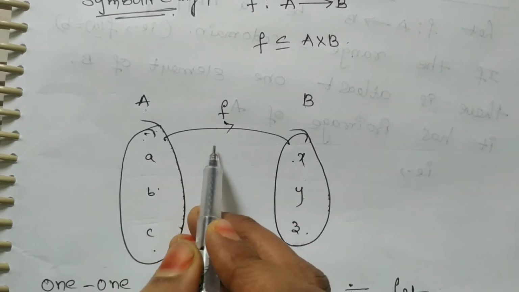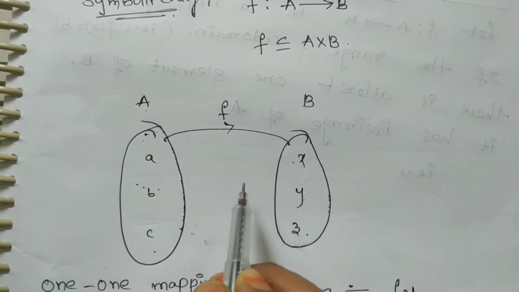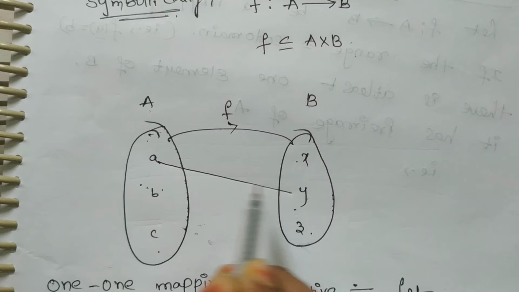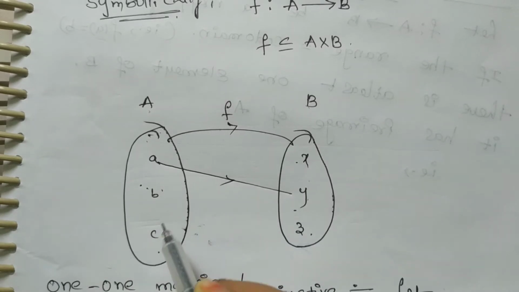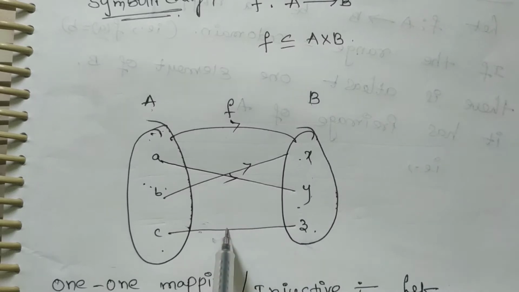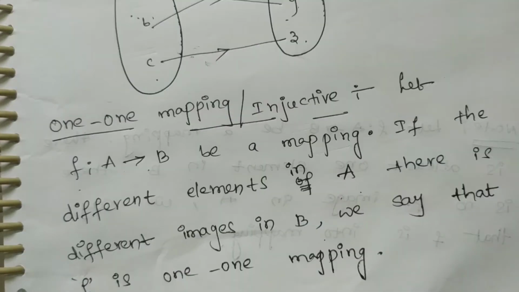The function definition is that every element of A must be connected to a unique element of B. So here a is connected to y, b is connected to x, and c is connected to z. So this is known as a function.